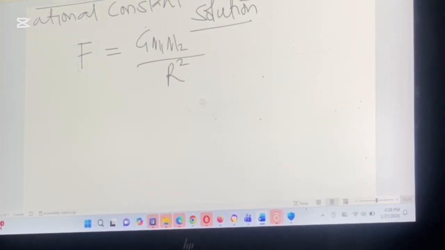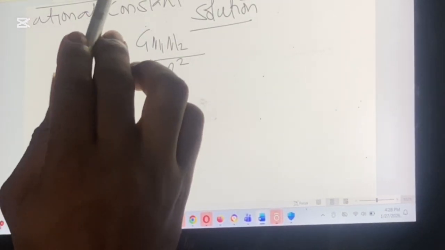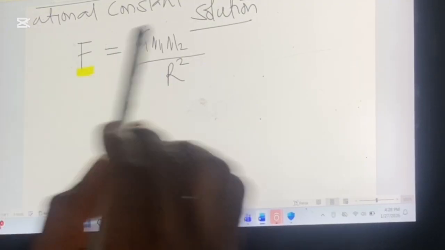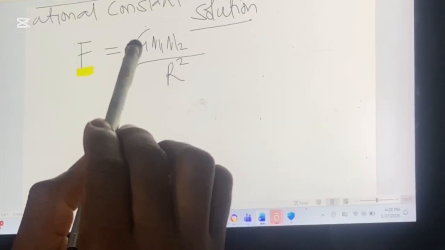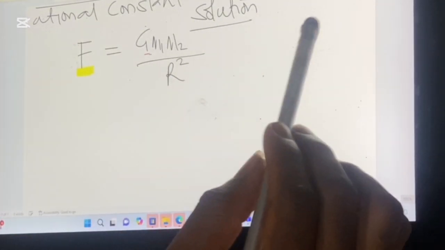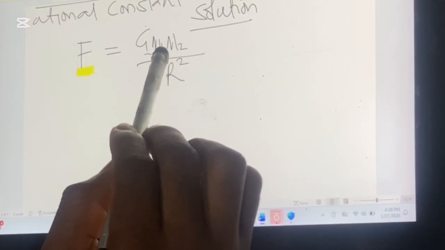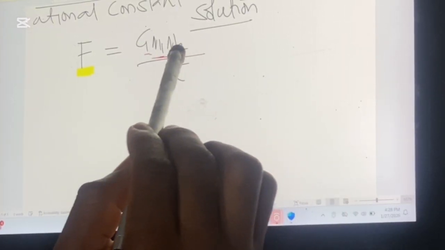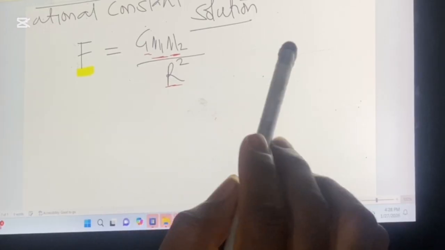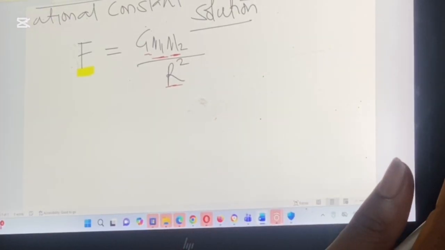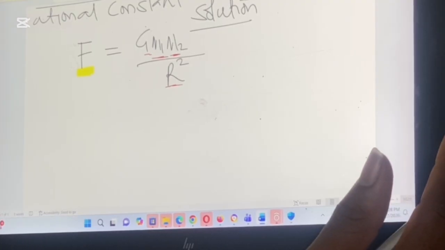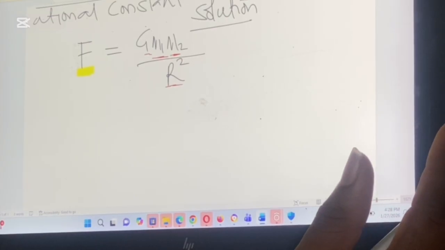Remember this formula? Where F is gravitational force, G is gravitational constants, M1 is mass 1, M2 is mass 2, R is radius. So for us to find the unit of gravitational constants, we make gravitational constants the subject of the formula.